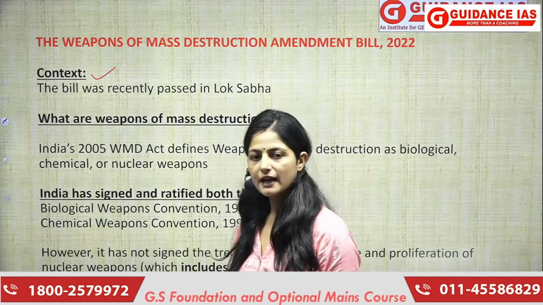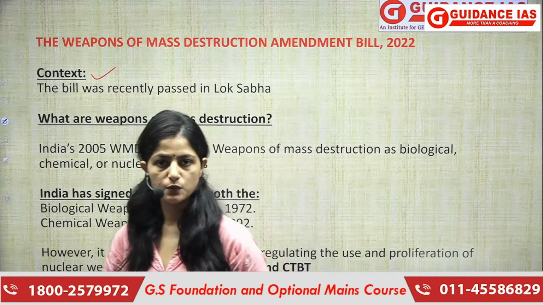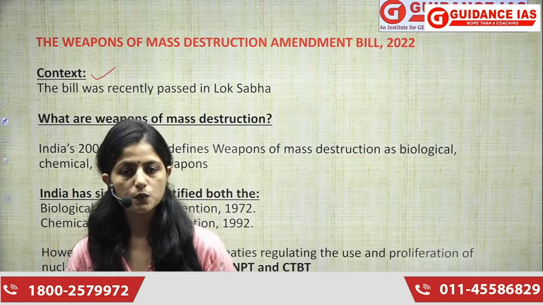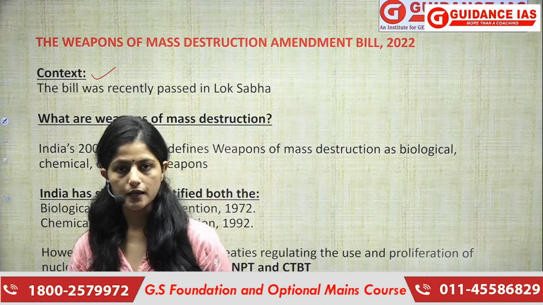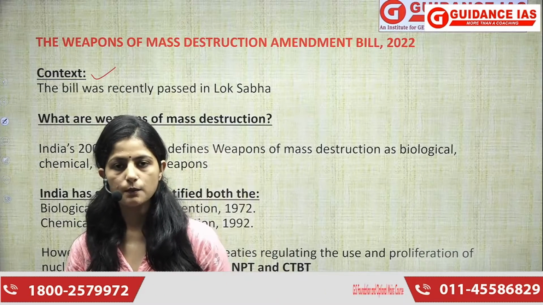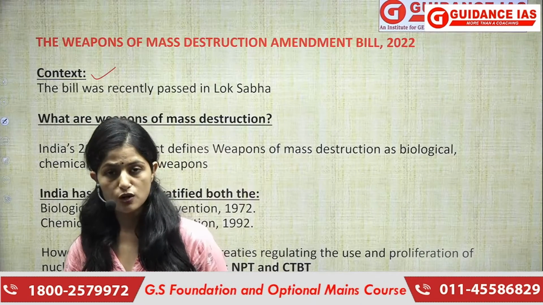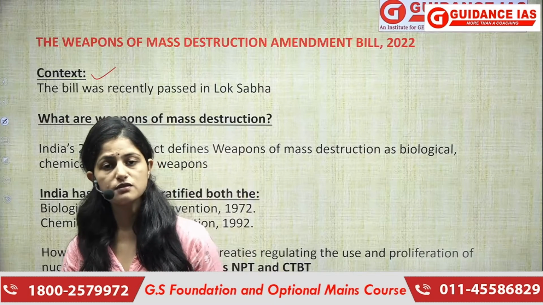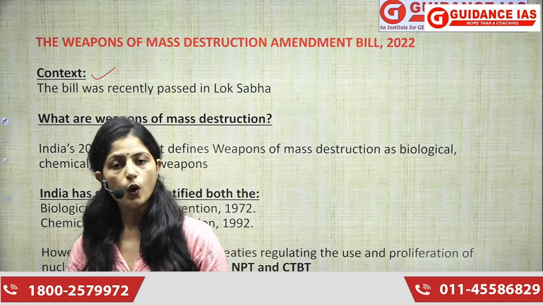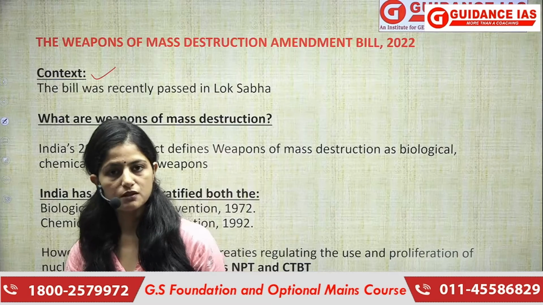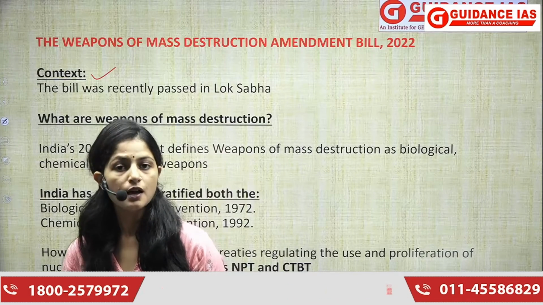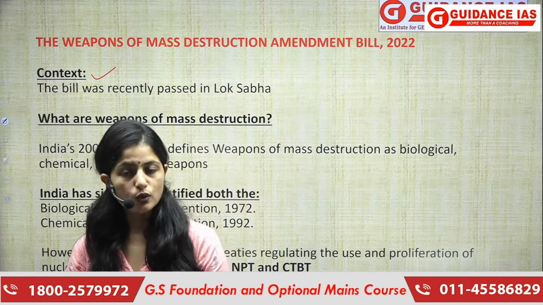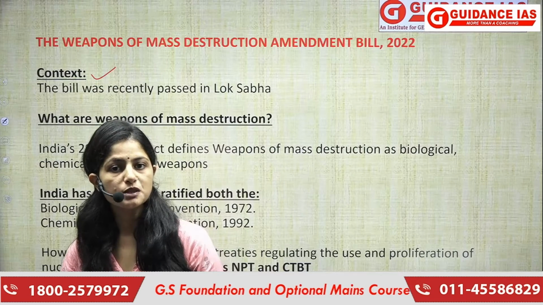It's not that this is the first time we are bringing this bill. Prior to this, there was a bill in 2005 which put a ban on the manufacturing of weapons of mass destruction. But it was only limited to the manufacturing part.